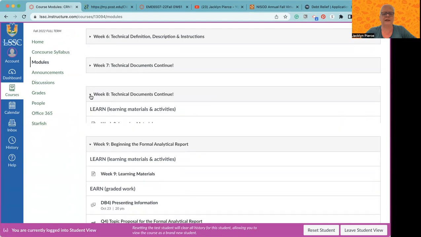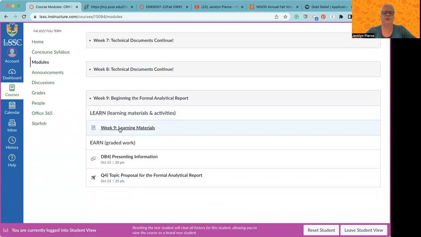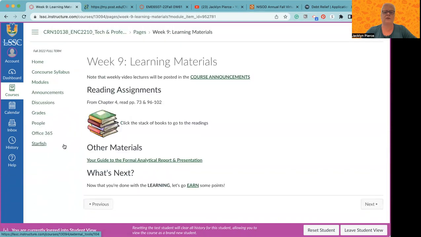All right, so we're starting the formal analytical report, and you will have the textbook with some information. All of it is in chapter 4. I think this might actually finish up chapter 4 for us. It's interesting how the people that wrote that lumped everything in chapter 4, if you want to get technical. But for me, the most important piece of reading this week is this.